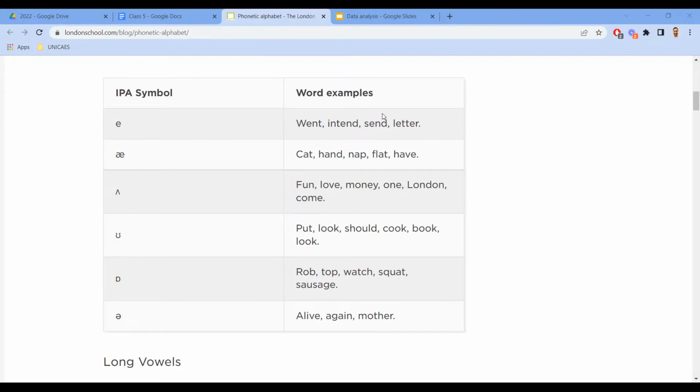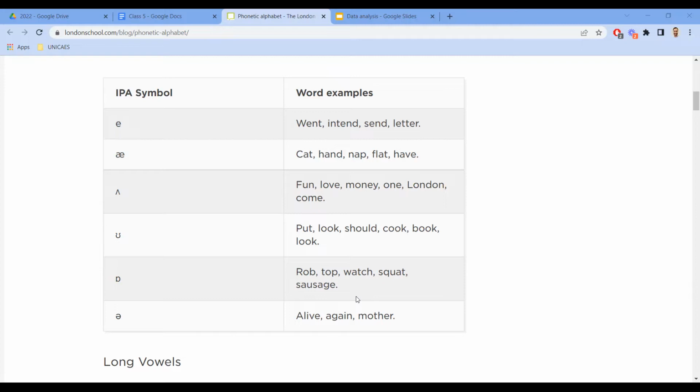But in some dictionaries, you may find this symbol with the E, right? And in some other websites, the symbol looks like a 3 that is written backwards, not facing forward, right? So that's how you may see it, and you need to be very careful.